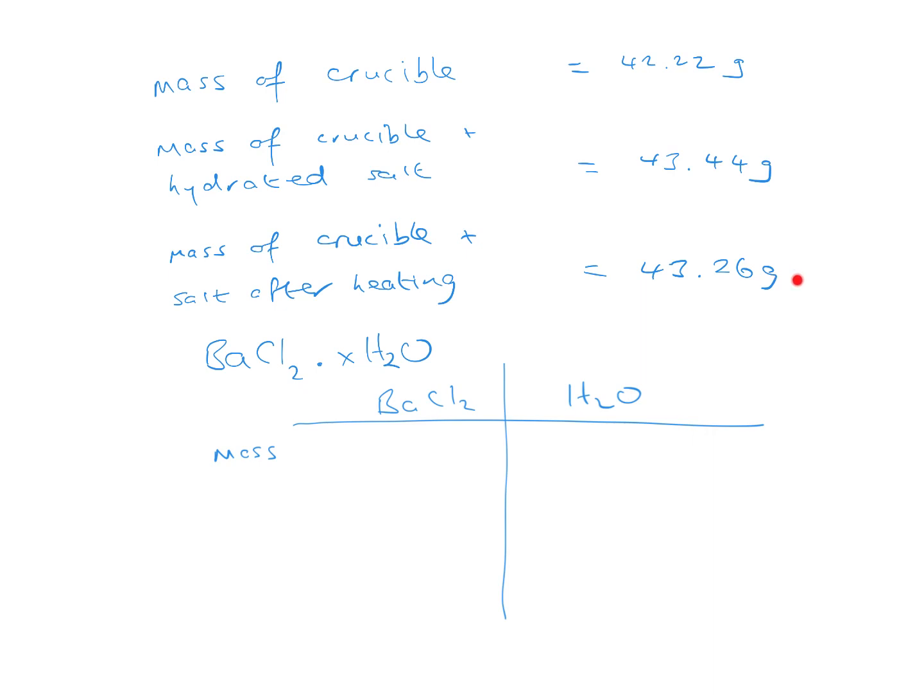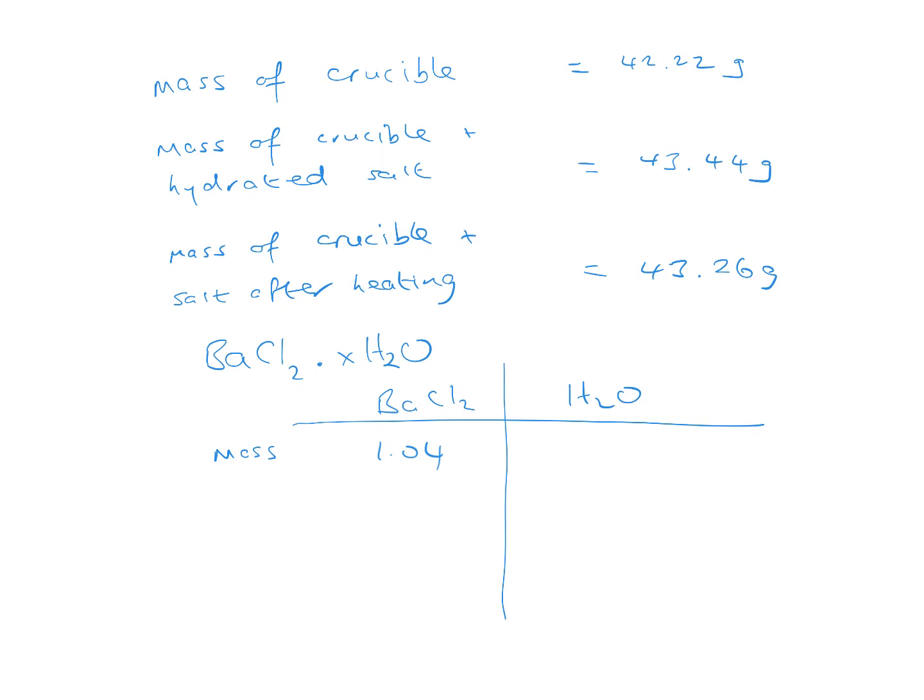So remember, that's when the water of crystallization has been lost. That's it dry. And then if I subtract the mass of the crucible from that, that will just leave me with the mass of the dry salt. So it's going to be 43.26 minus 42.22. That works out to be 1.04 grams.